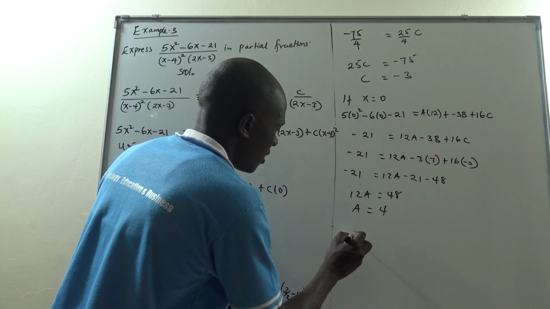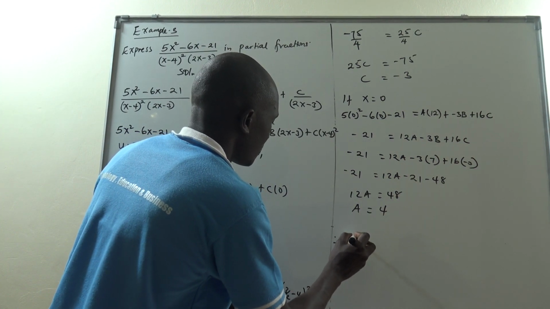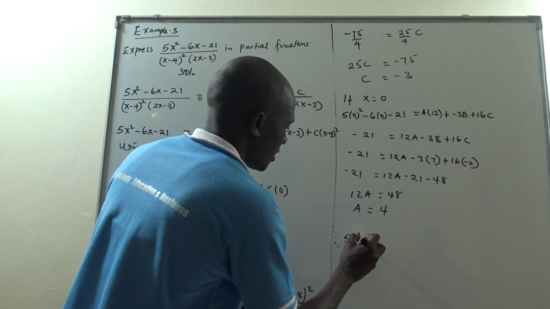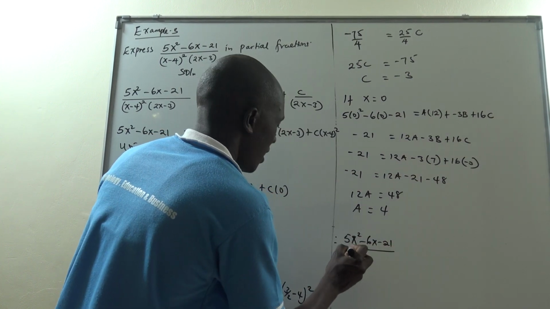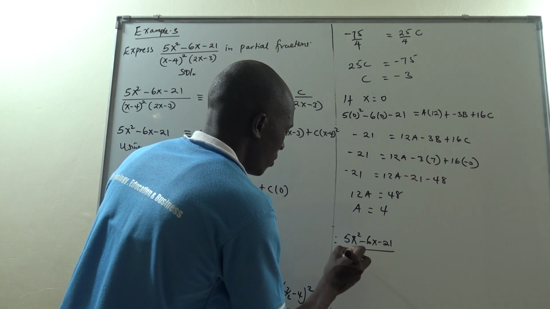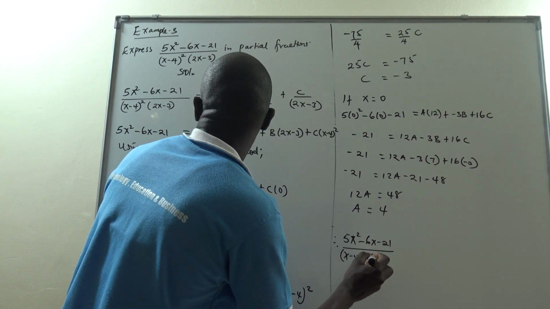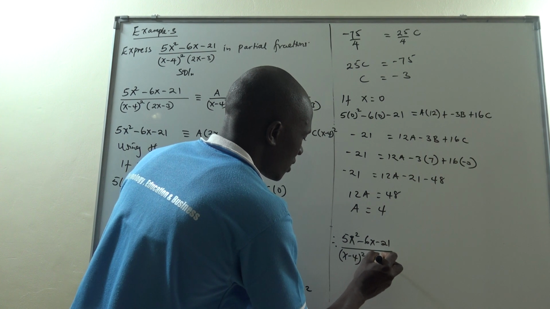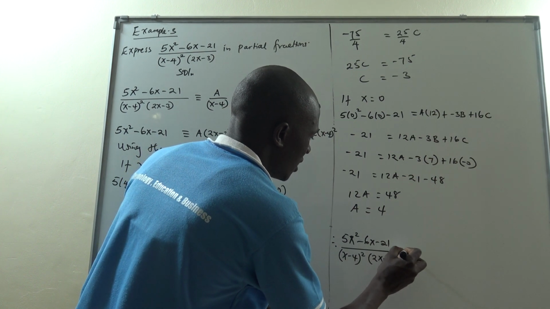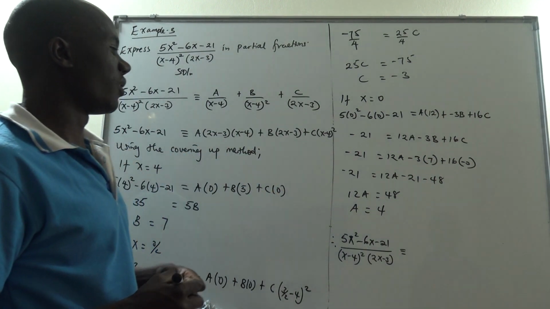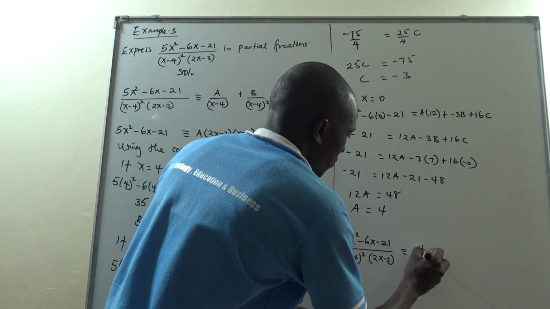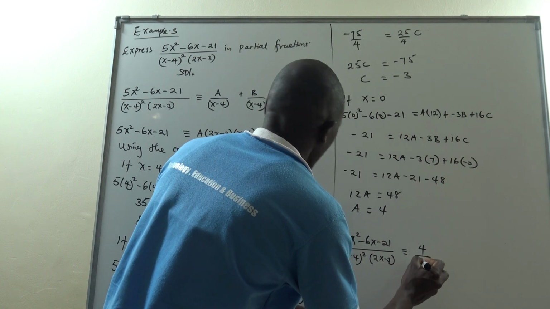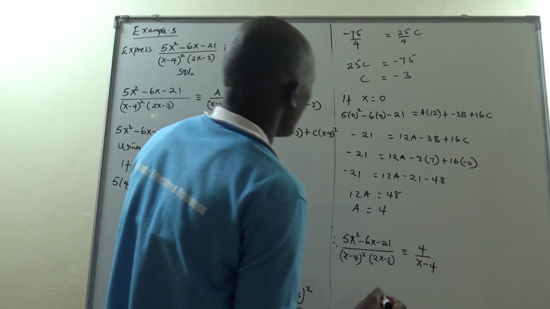We say therefore (5x squared minus 6x minus 21) all over (x minus 4) squared into (2x minus 3) is the same as, do we know the value of A? The value of A is already got, which is 4 out of x minus 4. Do we know the value of B?